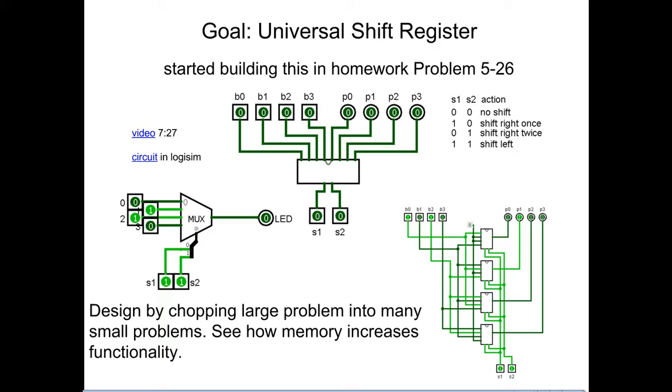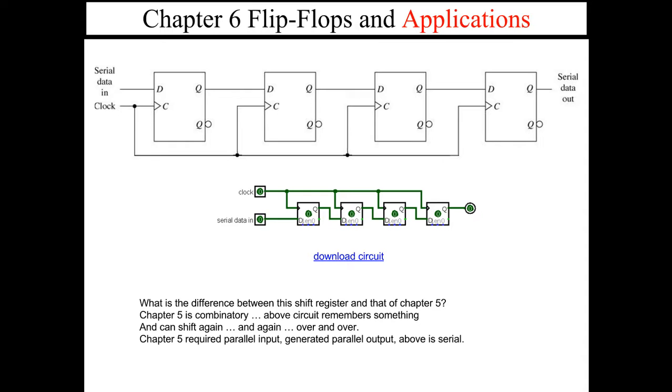We start off with a homework problem from Chapter 5 on the shift register. I shot a video of it, and there's a circuit and Logisim associated with it. So we're going to compare this flip-flop circuit with the Chapter 5 circuit.